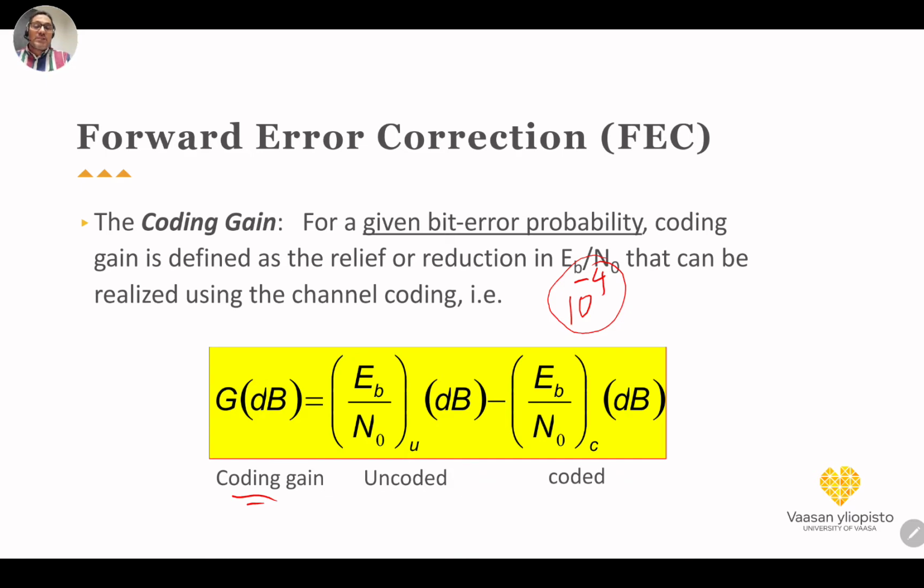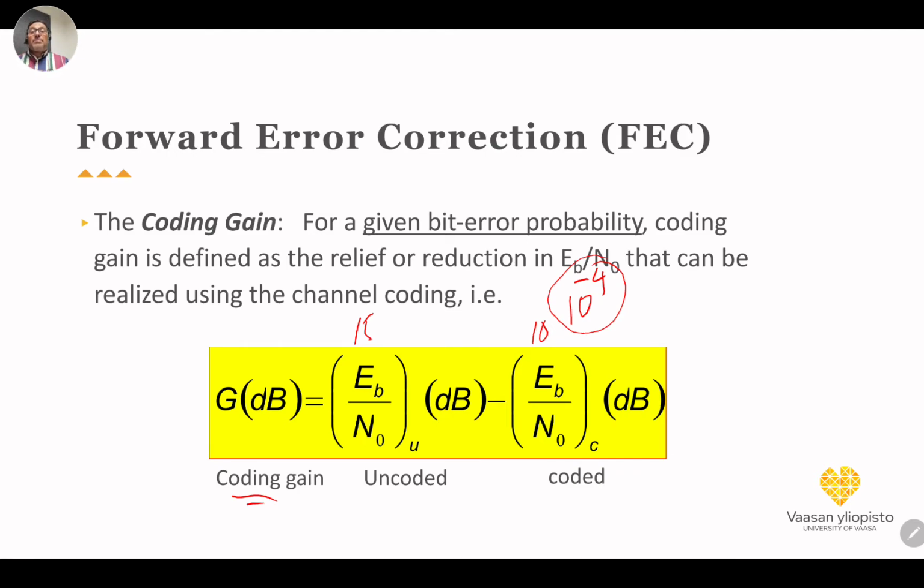In dB, let's say that we need 15 dB for Eb over N0. Now with coding, with the capability of correcting the error, maybe we will need, for example, only 10 dB, because if one error happens, it will be corrected. So 15 minus 10, we have a coding gain equal to 5 dB.